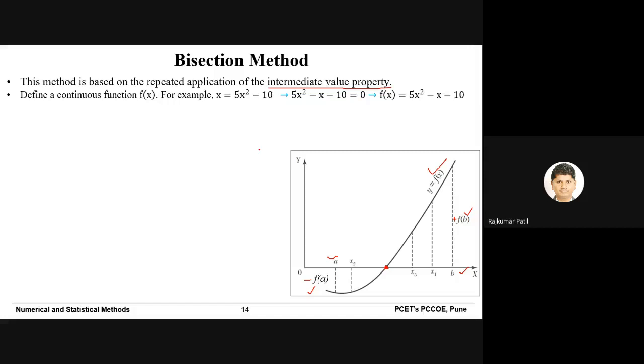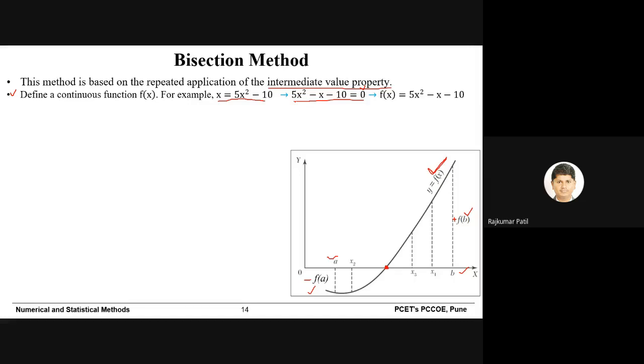Now the first step is to define a continuous function f of x. In the figure you can see y is equal to f of x is any given continuous function. When a problem or example is given to you like this, x is equal to 5x square minus 10, you need to rearrange the terms so that on the right side you get 0, and on the left side all the terms will be there.